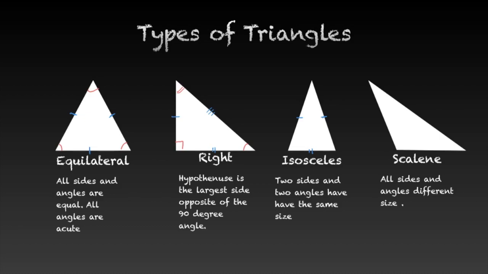Now the thing with isosceles triangles is that two angles are also going to be the same, but a third one is going to be different. And with a scalene, similar to a right triangle, they're going to have different measurements, and they're going to have different angles.